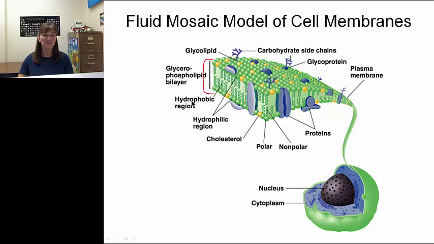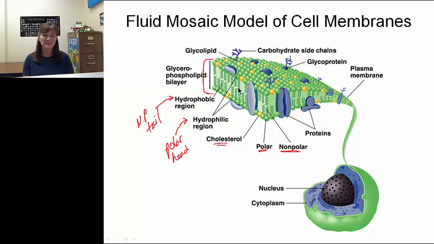Now remember, hydrophobic means water-fearing, and that is the nonpolar tails. So the hydrophobic region is the nonpolar tails of the glycerophospholipid. The hydrophilic region then is the polar heads, which are that phosphate group and that amino alcohol group. And then we said there was some cholesterol. The polar heads are the hydrophilic areas, and the hydrophobic region is nonpolar.